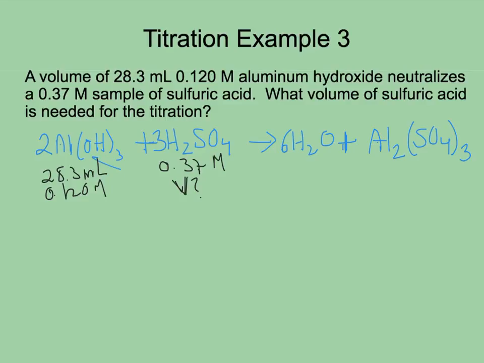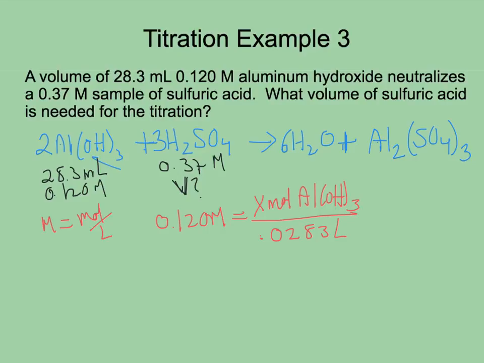All right, so first I'm going to find the moles of the substance that I have information about. That would be the aluminum hydroxide. So molarity is moles per liter. I know that it's 0.120 molar, so that equals X moles of aluminum hydroxide over the volume of aluminum hydroxide, which is 0.0283 liters.